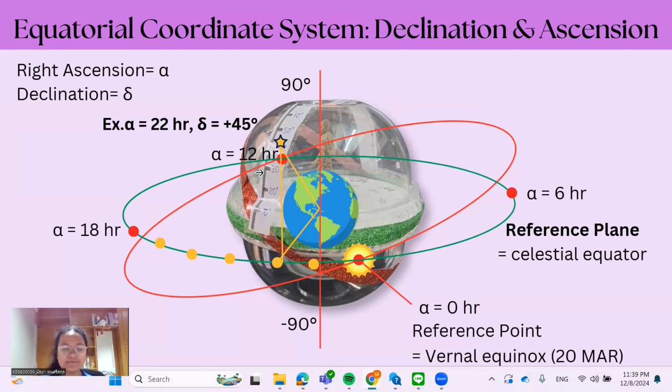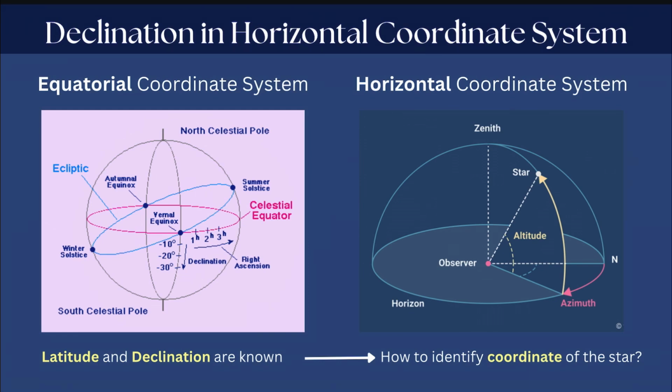Okay, so as Mook has explained, the equatorial coordinate system is like a big map of the sky, which is the celestial sphere, that doesn't change no matter where we are on Earth. But when we want to see the stars on Earth, we need to use a system based on where we are standing on Earth, and this system is the horizontal coordinate system.